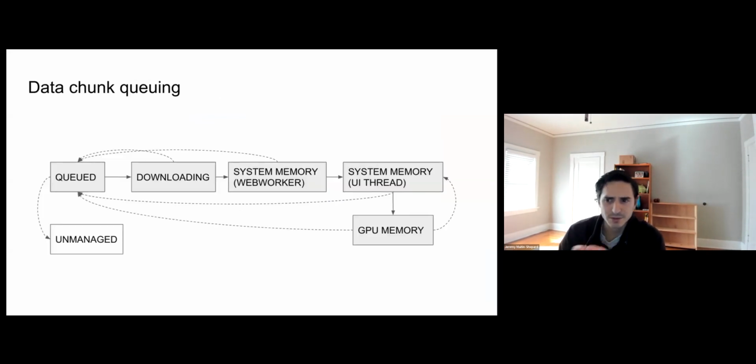And then to touch a little bit more on how the actual data downloading and queuing works. There's essentially a unified queue system for all of the data managed by Neuroglancer.